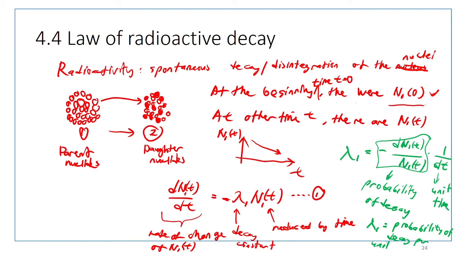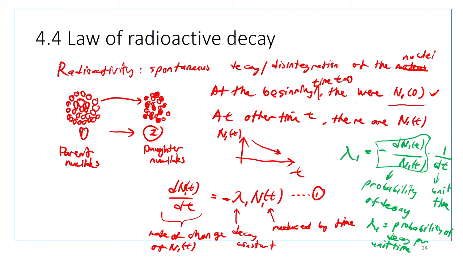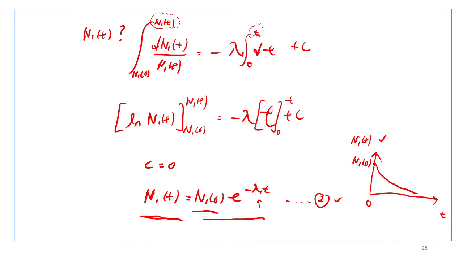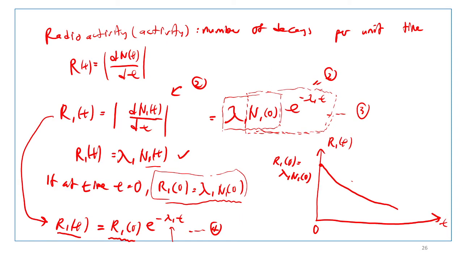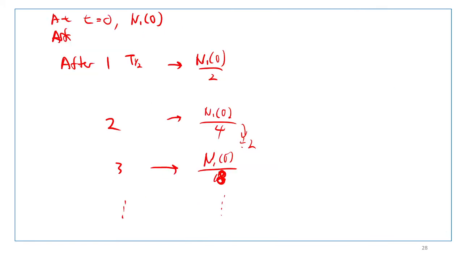So the bigger the lambda, the more decay is occurring. That's the meaning of decay constant.